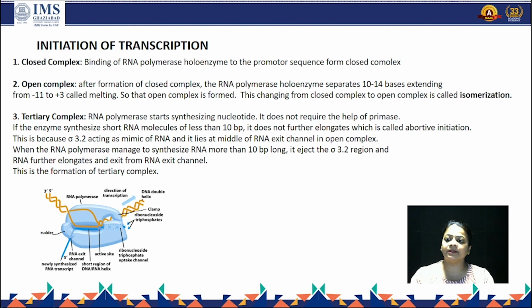When the RNA polymerase manages to synthesize RNA of more than 10 base pairs, it ejects the sigma 3.2 region and the RNA further elongates and exits from the RNA exit channel. This is the formation of the ternary complex.